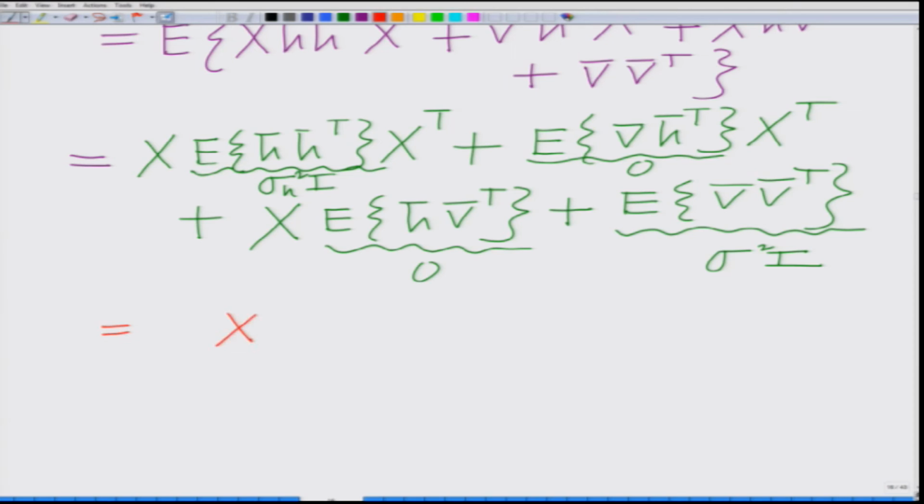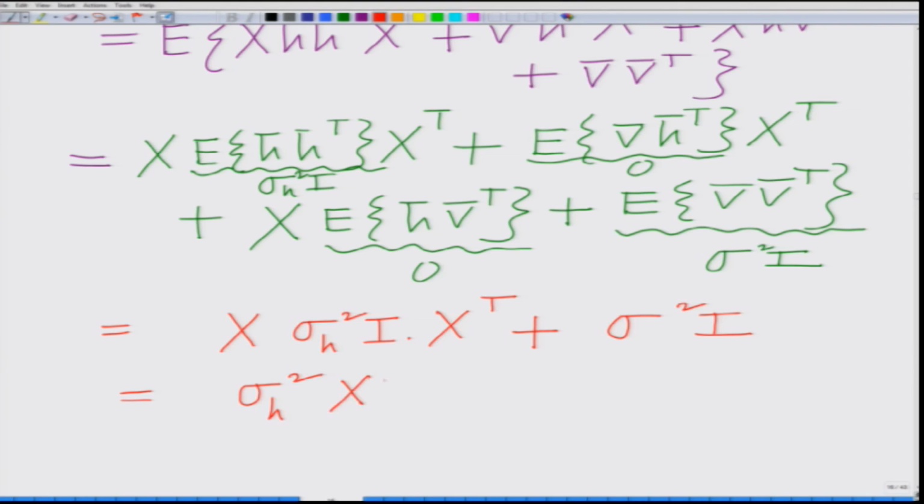So, this becomes x times sigma H square times identity matrix times x transpose plus sigma square times identity, and sigma H square is a scalar, so bring it out. This becomes sigma H square x x transpose plus sigma square times the identity matrix.